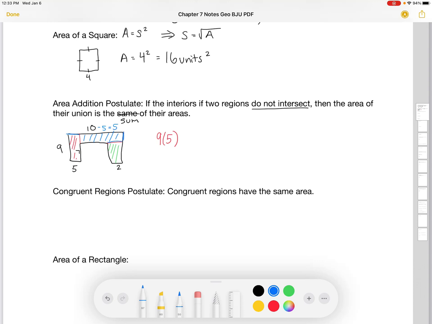This length here would be 9 minus 7 because I'm not including this part, which is 2. So in blue I would have 5 times 2. And then in the green I would see I have 2 times, this would also be 7. So I could find each of their areas and I could add them together.